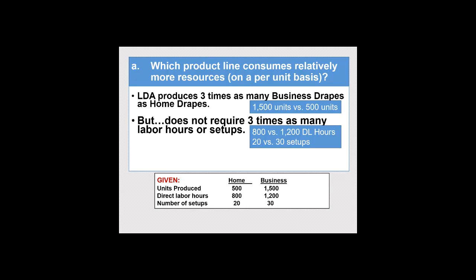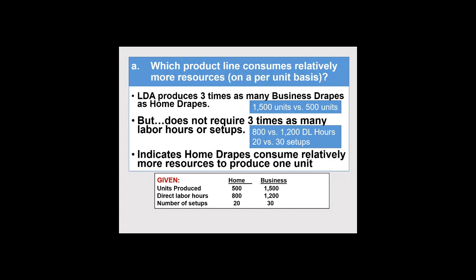So while the business line does require more resources, it does not require 3 times the amount of resources. So this indicates that the home drape line really does consume more resources if you look at it on a per unit basis. So when we're trying to assign cost to each unit, the home drape should get more overhead costs.